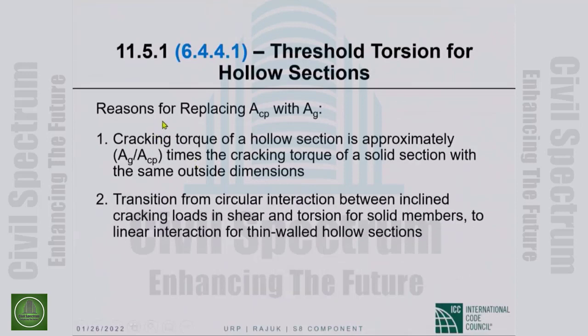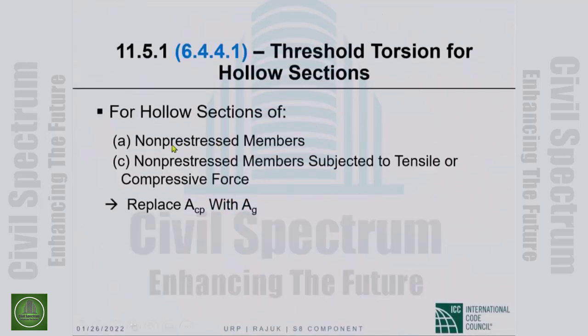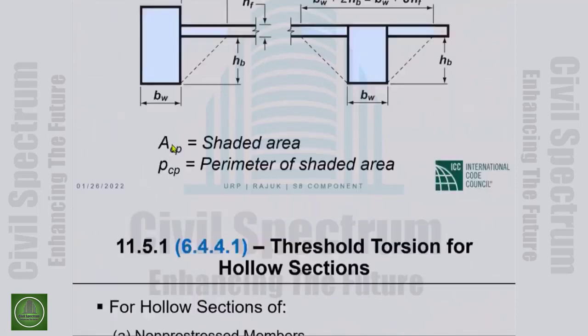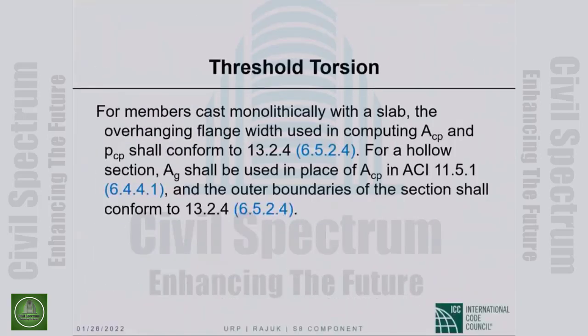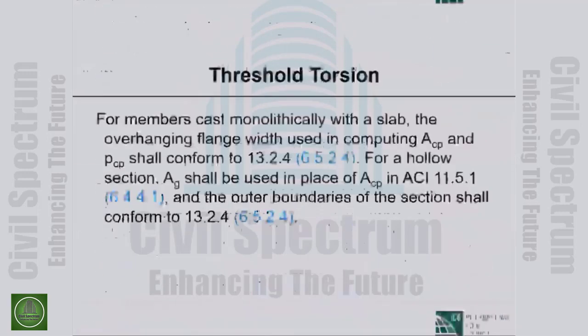The reason for replacing: in calculating the threshold torque, we have A sub CP squared over P sub CP. A sub CP and P sub CP shall include the flanges, and that's where we said replace A sub CP with A sub G for hollow sections.